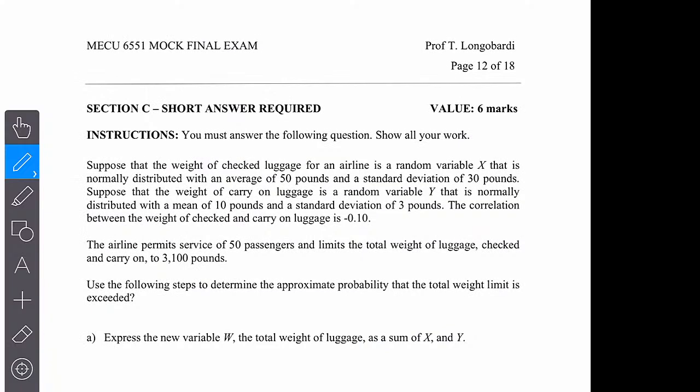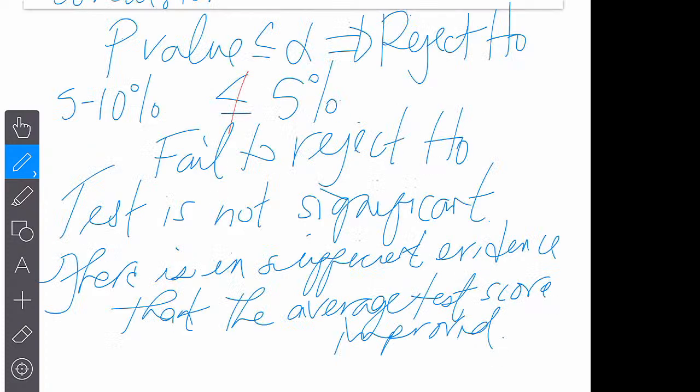I think I do the last one. I give you the solutions to the last one. Are there any other problems on the mock test that you would like me to do? So this is pretty much what it's going to look like. On the final, it's going to be like this.